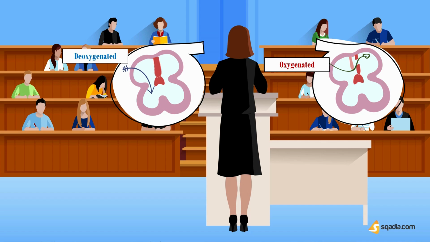That's why blood enters from the right atrium to the left atrium directly. So, this was all. In our next video we will talk about the ventricle of the heart.